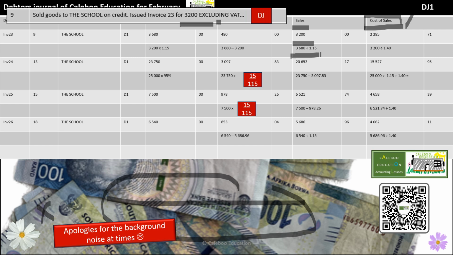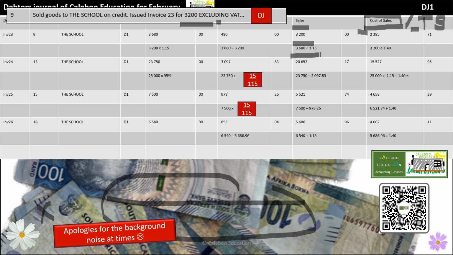We're looking at credit sales. For me, they could have called this column cost of sales, trading stock, or trading inventory, because the total of this column you will see will go to two general ledger accounts. One, cost of sales, and two, trading stock.